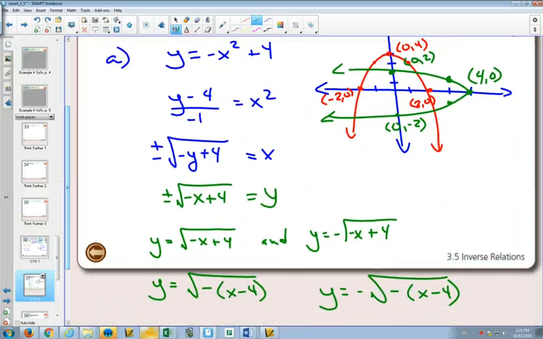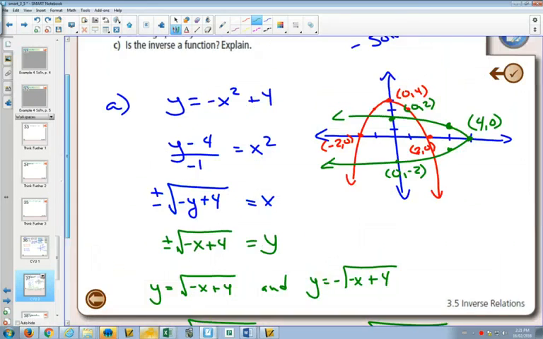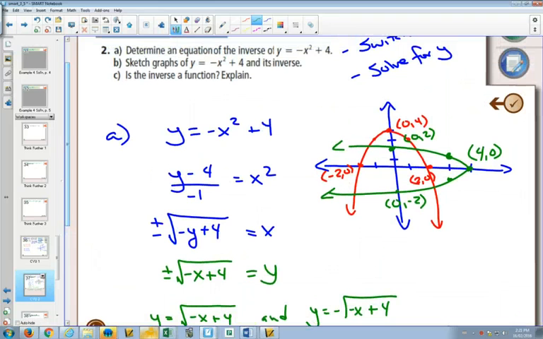It has a plus or minus. Part B, we sketched both graphs together. Is the inverse a function? In this case, no, because it doesn't pass the vertical line test.